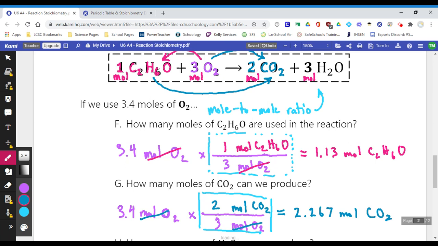Okay, now a couple things. If you kind of imagine us going from moles of C2H6O to moles of CO2, well, this 1 to 2 ratio between C2H6O and CO2 means we'd basically be making twice as many moles of CO2 as we would C2H6O.